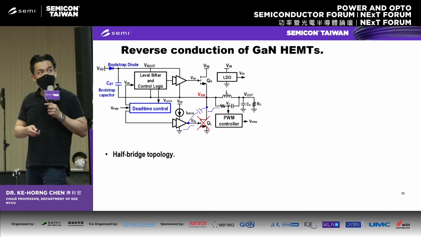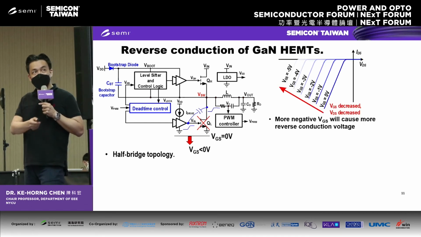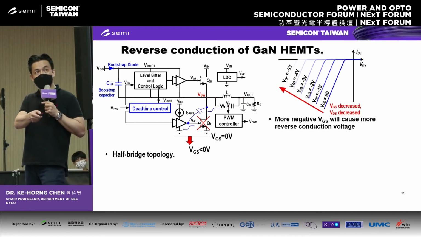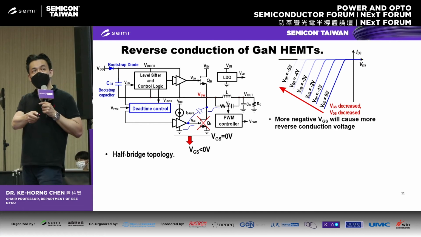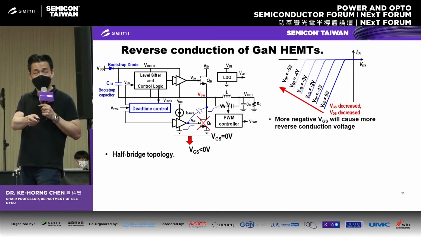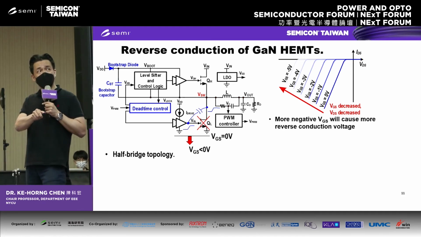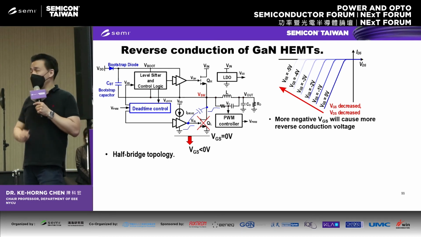For the GaN device, the voltage will vary according to the voltage you used at the VGS. In other words, if you use a more negative VGS, it will cause more reverse conduction voltage. In other words, the conduction loss at this low side MOS will increase greatly.